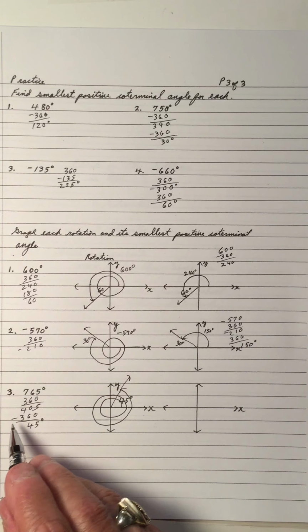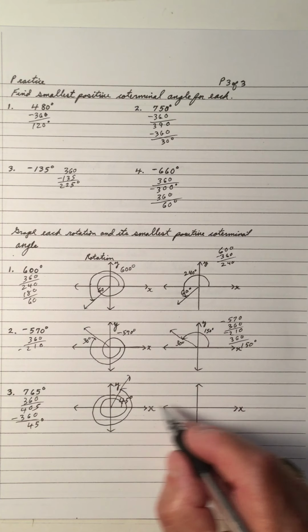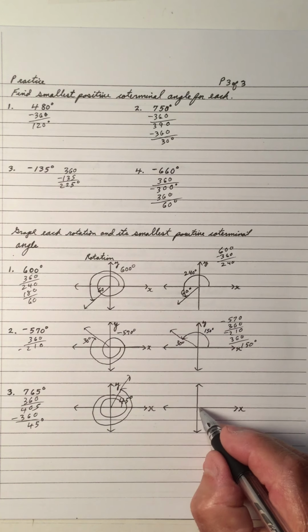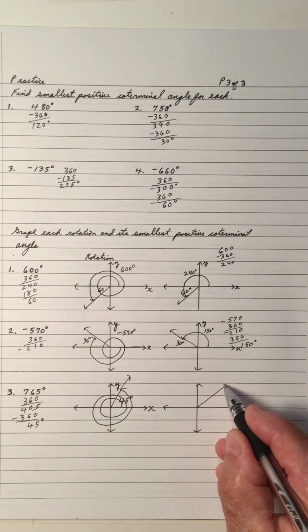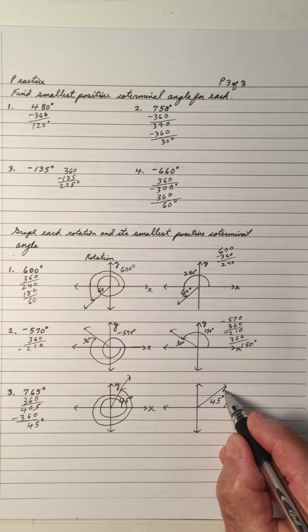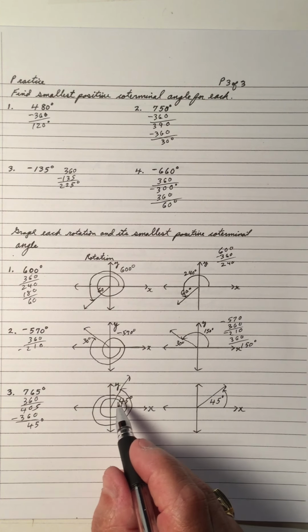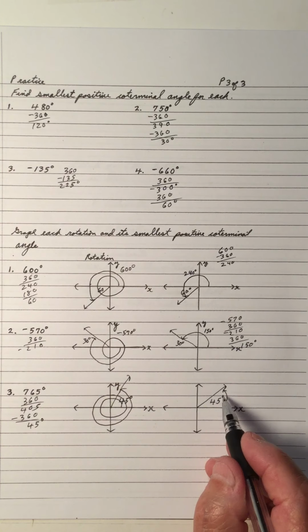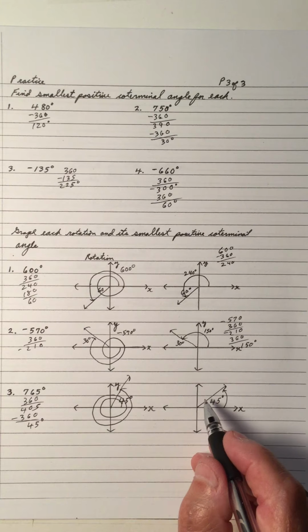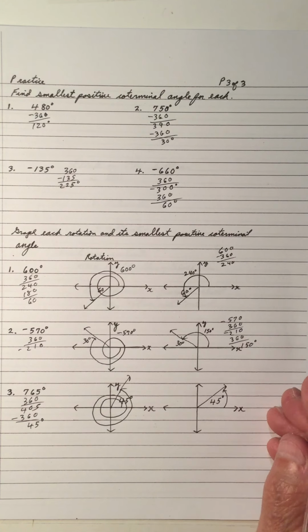And the smallest positive coterminal angle for all of that, if you had 720 and you keep subtracting, is 45. So if you graph the 45 degree angle, that's not the same rotation, but the same reference angle, and gives you the same results in the trig that you're going to do.